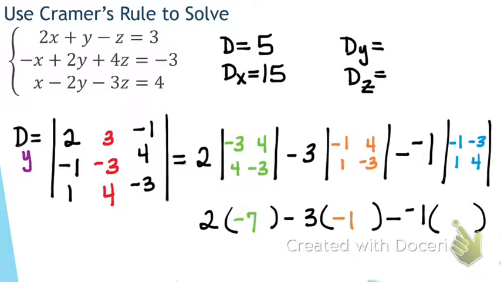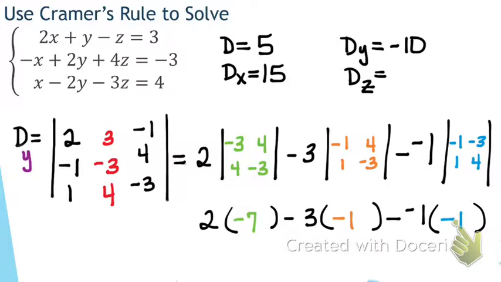Okay. So now you type that in your calculator. And if you type this in exactly the way you have it written, you should get that your d sub y is -10.